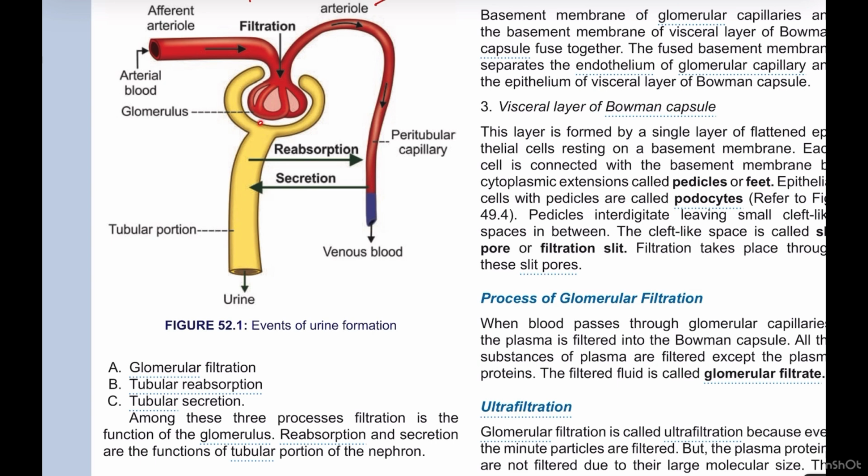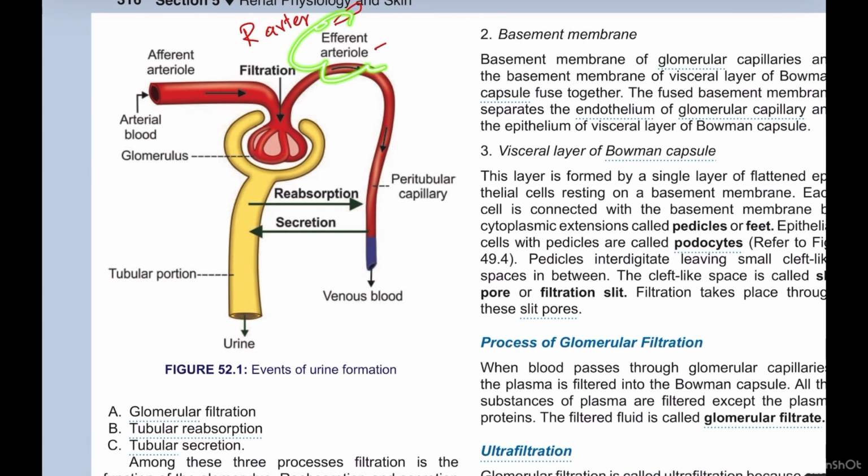It has an inner layer and an outer layer. The inner layer is called the visceral layer, and the outer layer is called the parietal layer. This is the afferent arteriole, which brings blood towards the glomerulus or Bowman's capsule, and the vessel which carries blood out of the glomerulus is called the efferent arteriole. Got it, I guess.